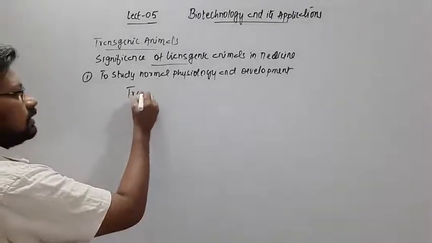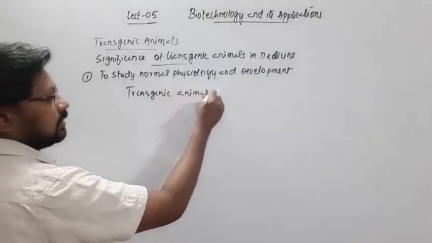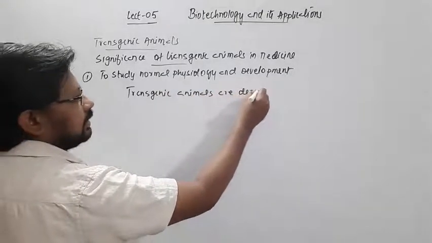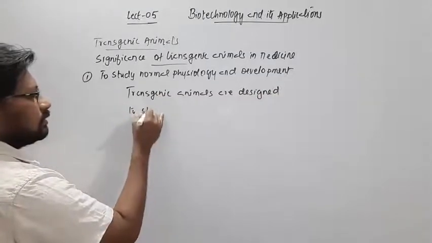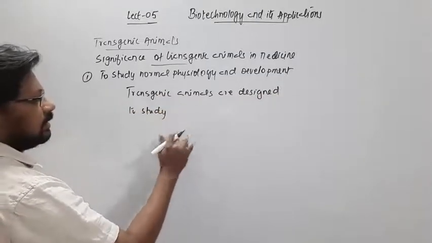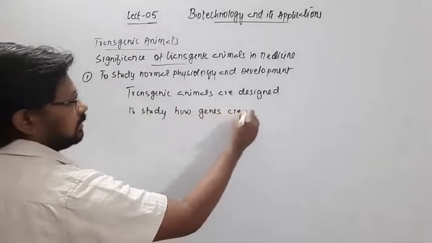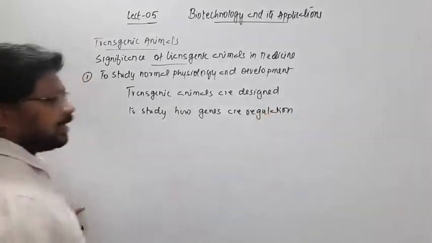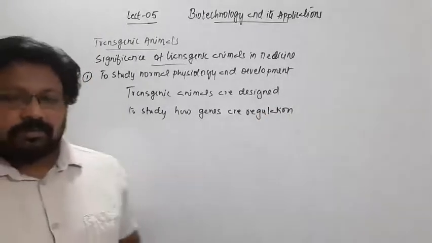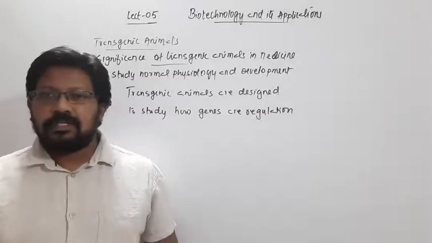Okay, so these transgenic animals are designed to study how genes are regulated, right? So I think in the chapter molecular basis of inheritance, we have studied regulation of gene expression.